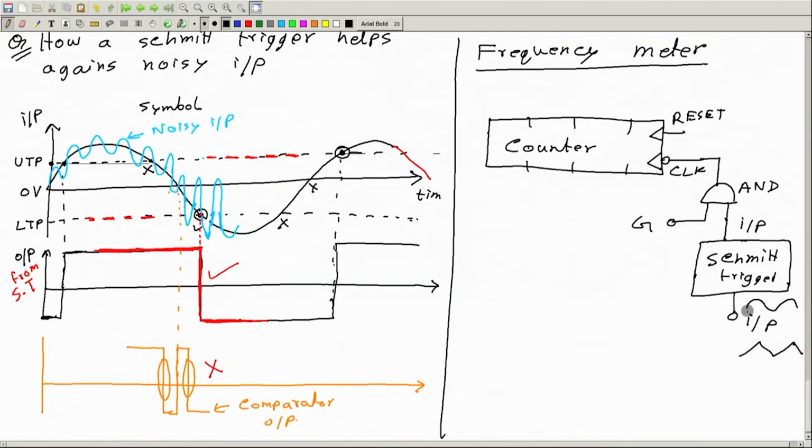They can be noisy like this, but here it will become a non-noisy rectangular wave with the frequency same as the frequency of this input signal, which can be noisy. Okay. Thank you, and let's study this more in the next class.